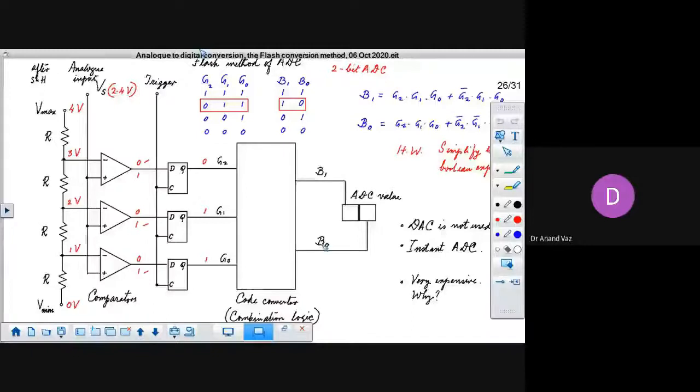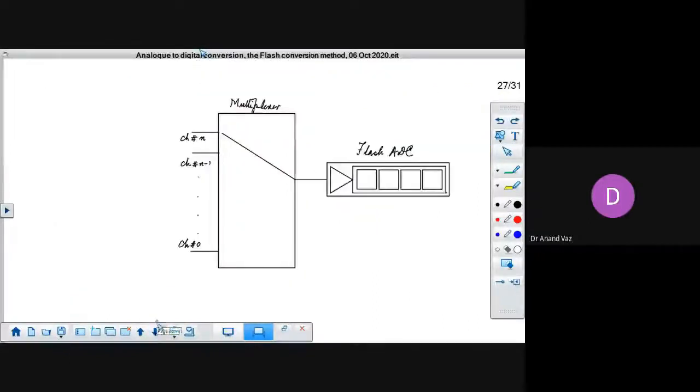It's expensive, no doubt. And because it is expensive, one can use the idea of multiplexing. Yesterday I had made a slight error while constructing this, so I've modified it some time back. We have inputs coming from different channels.